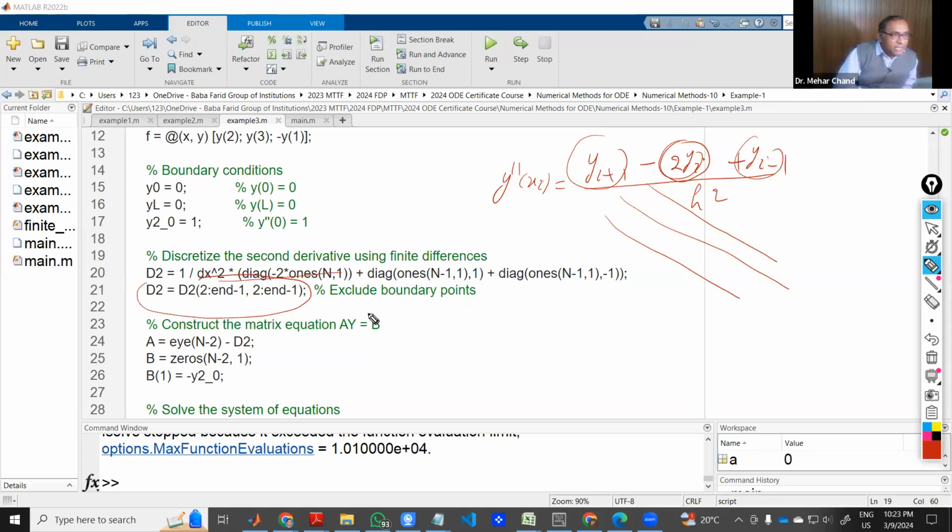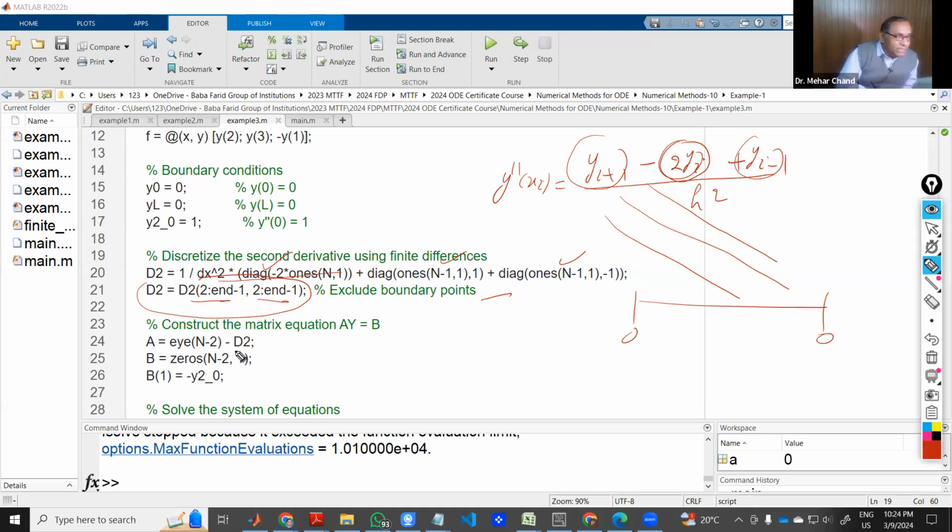This will be the excluded boundary points, because these values are unknown values. The values at the end points, at this point and at this point, these are the end values, exclude boundary points. So these points we need to exclude.